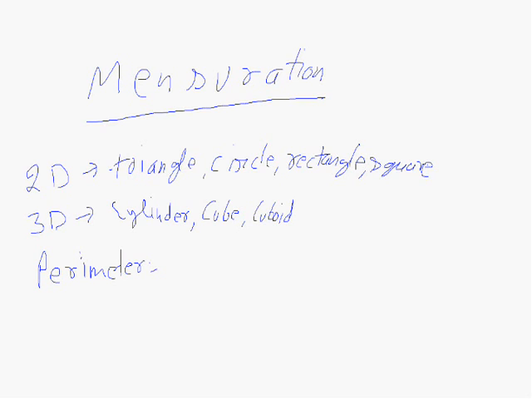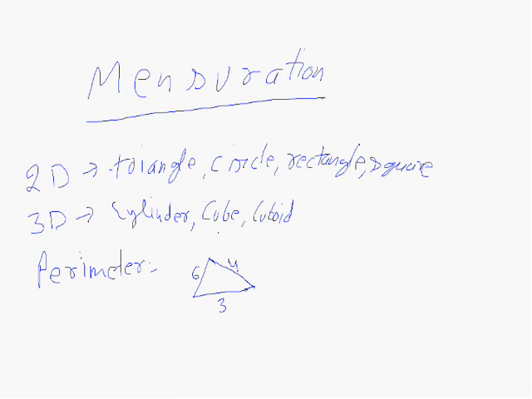Perimeter means the length. Suppose we have a plane figure; the length of the boundary of that plane figure is called the perimeter. Example, let's say there is a triangle with sides 3 centimeter, 4 centimeter, and 6 centimeter.